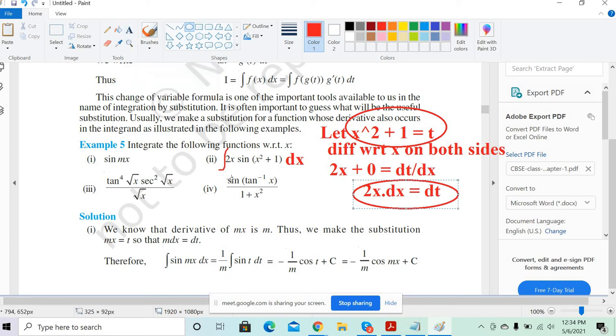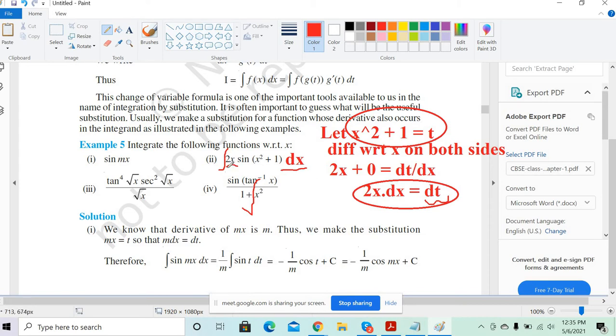Now let's try to substitute. What we get now, let's put the integration sign here, and then see, 2x here and dx here. 2x into dx can be replaced with dt. Can you see that?